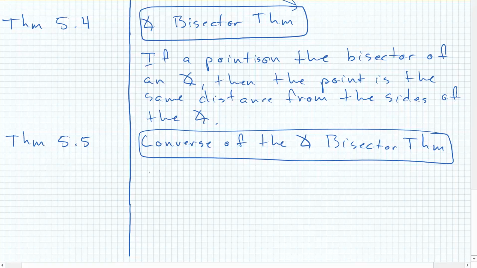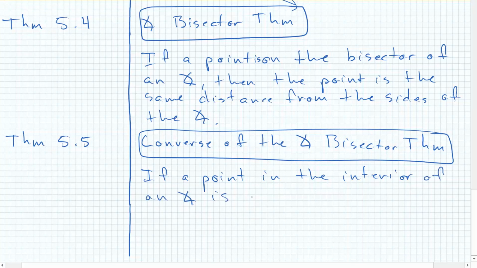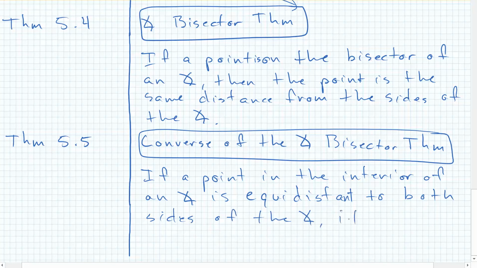So if a point in the interior of an angle is equidistant to both exterior rays or to both sides of the angle, it's on the angle bisector.